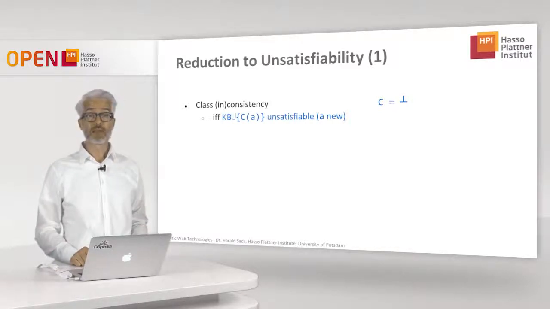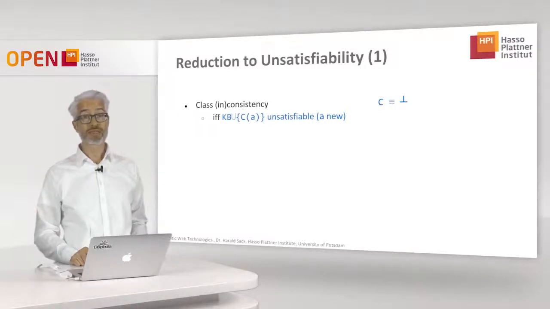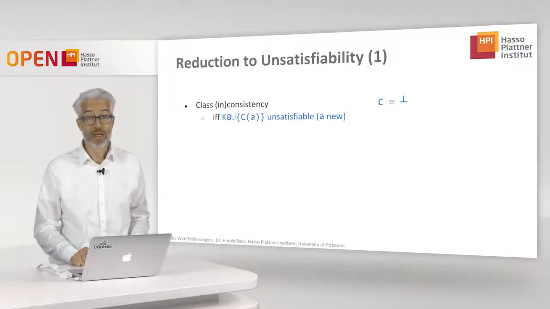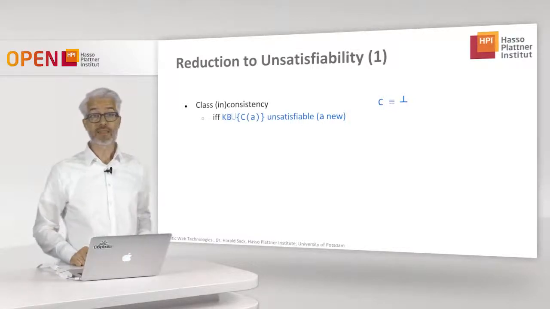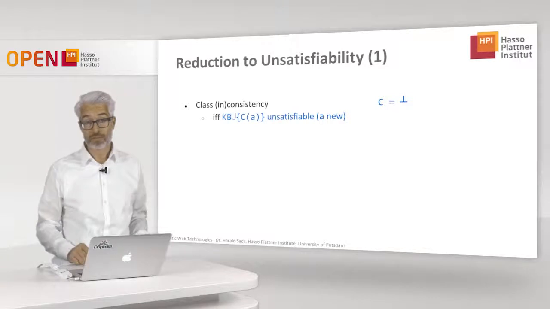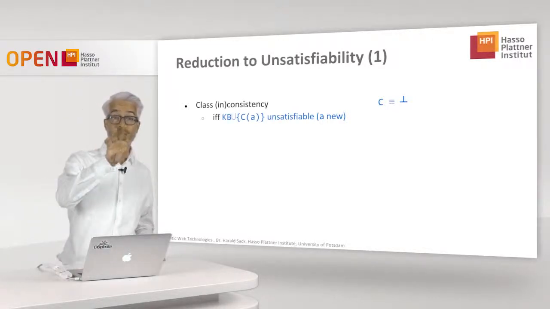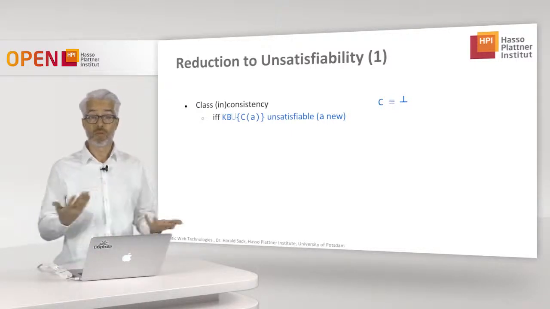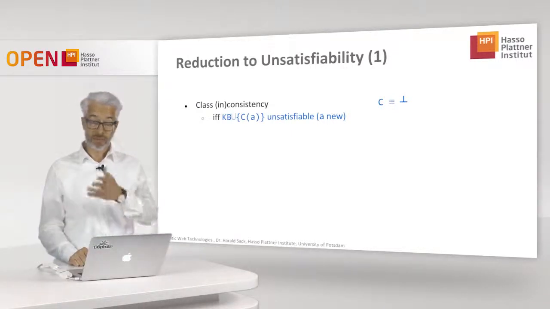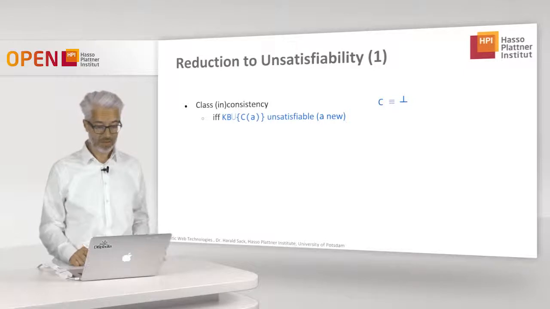Now I combine this class instantiation with my knowledge base and ask whether this is unsatisfiable. If this is unsatisfiable, this means that the negation of that problem would hold. So from that contradiction, we are simply turning it around. And you see, if we reduce the problem to that, we can simply check for class inconsistency. This is pretty straightforward.